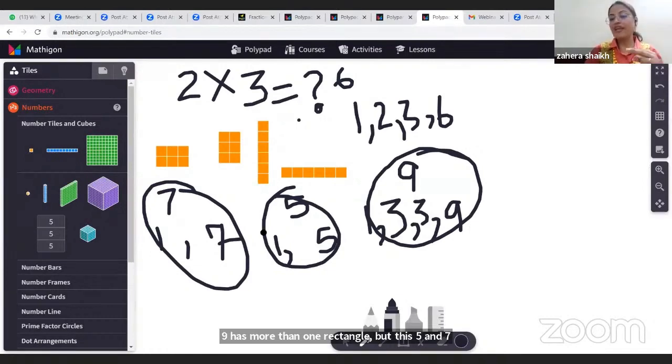So from here, they need our assistance to introduce that these are called prime numbers. When you can make only one rectangle out of a number, with two factors or two groups, that is your prime number, and these are your composite numbers. So here they learned how to represent a product.